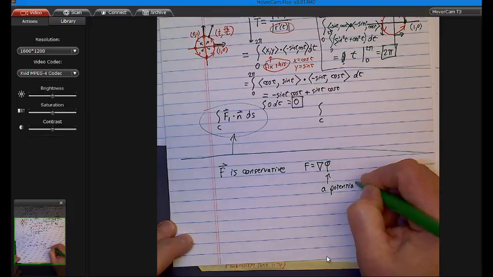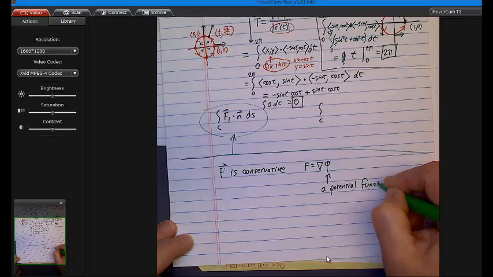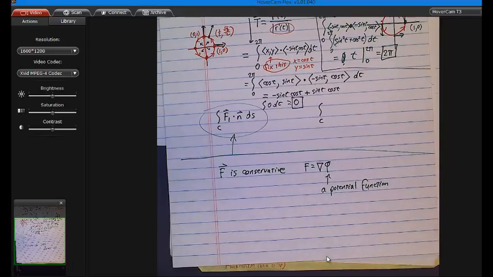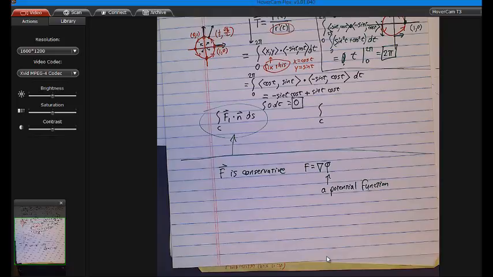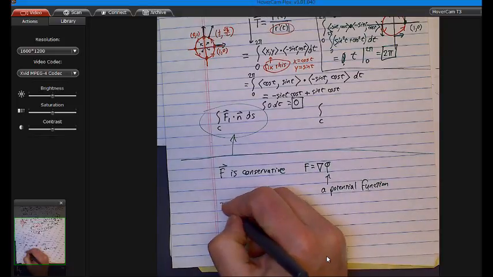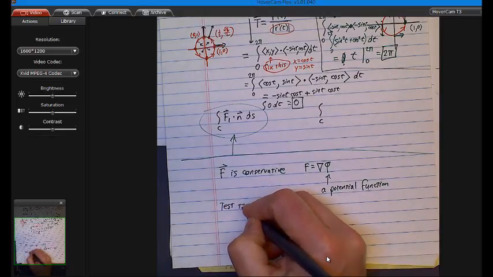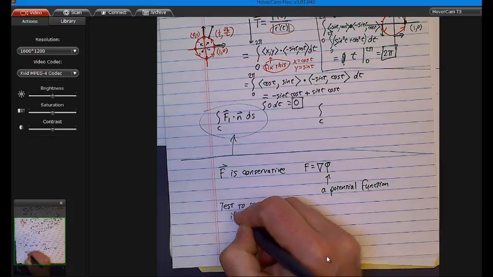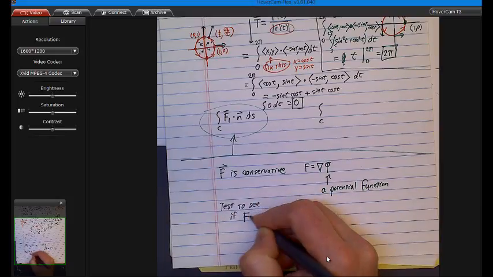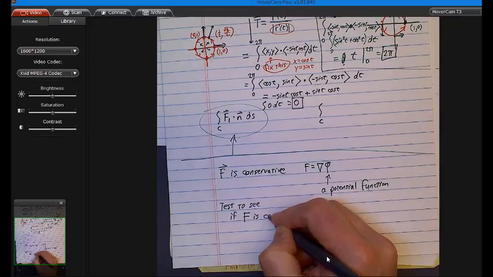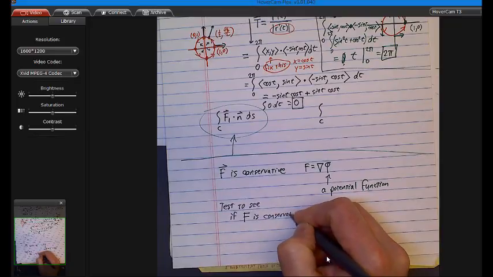And part of what we did last time was we showed you guys how to find a potential function. And the other thing we did was we mentioned that there's a test to see if F is conservative. Do you remember what the test was?